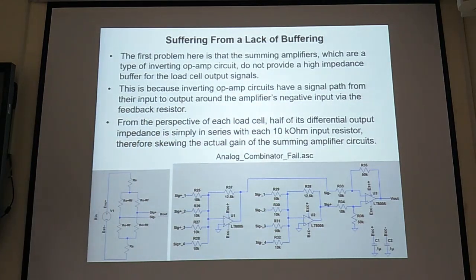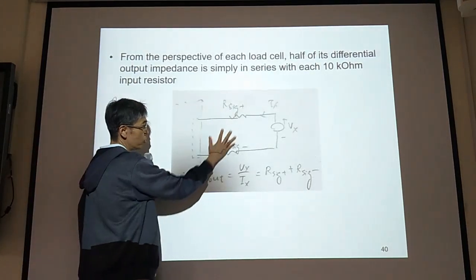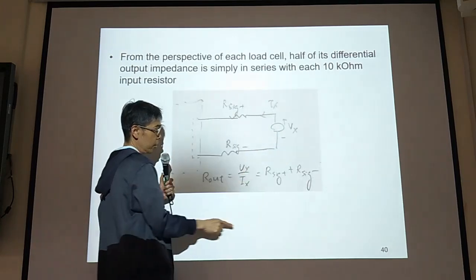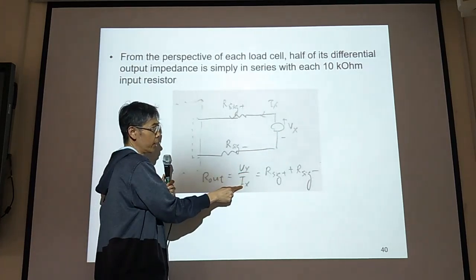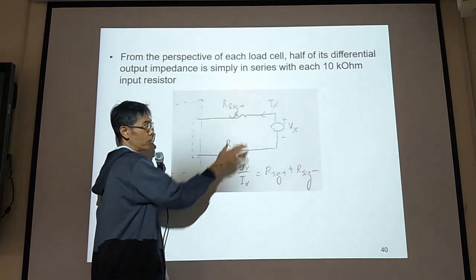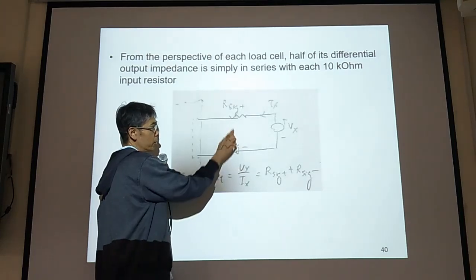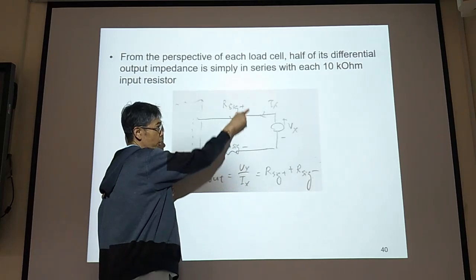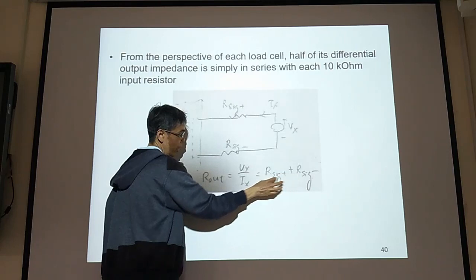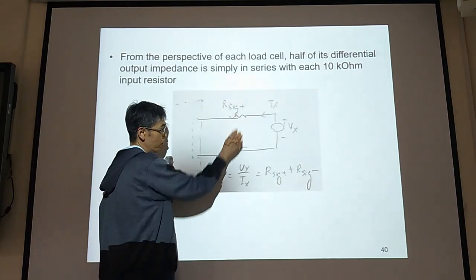So let's look at this. The output resistance of this Wheatstone bridge: we want to test it, so we put Vx, Ix, and Vx divided by Ix is the output resistance. Just suppose this branch and this branch have resistances like this. So the output resistance equals this one plus this one.